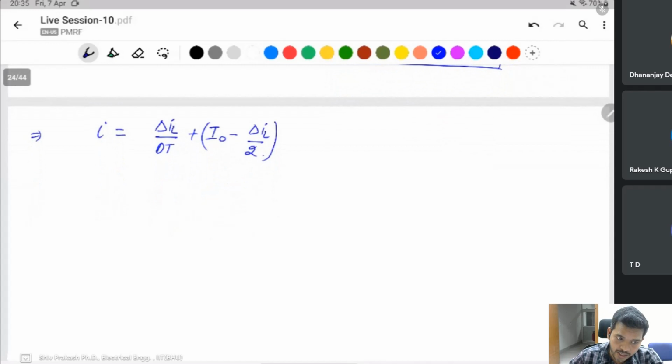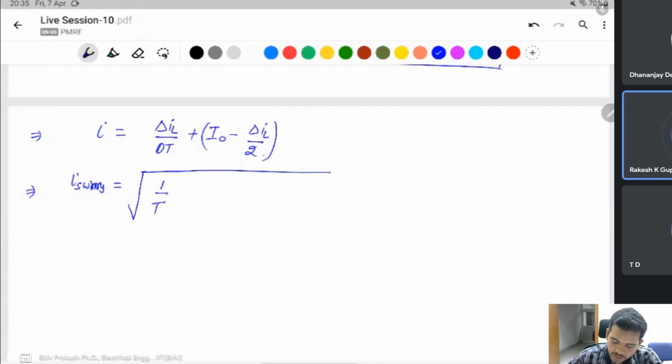Then integrate this one to find the I switch RMS. Root of, there will be t coming, yes, delta IL upon dt into t. It is linearly varying.